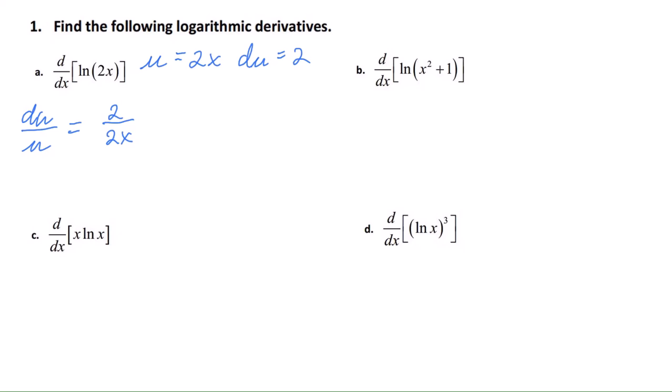But now I can cancel out some of the numerator and denominator and just get 1 over x. Going on to b, I want the derivative of the natural log of x squared plus 1. Well, another chain rule situation. So if u is x squared plus 1, then du is 2x. Again, this form.